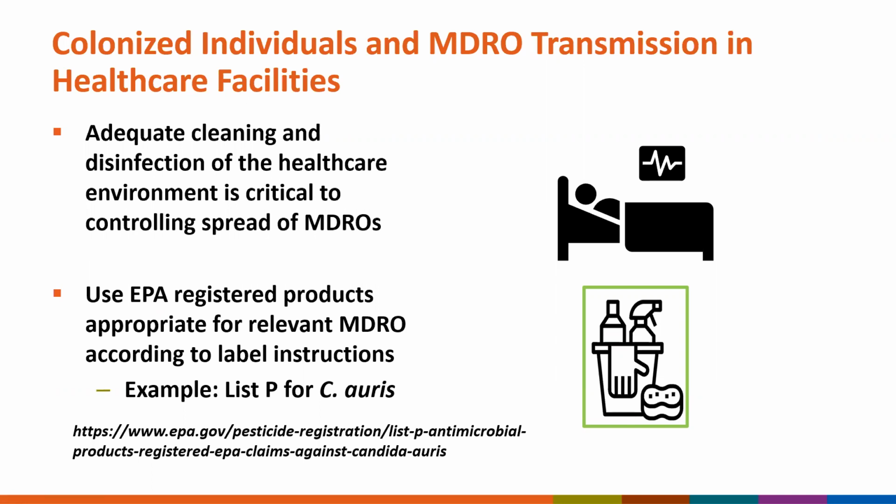So a lot has happened in the last couple of years with list P. Just a couple of years ago, there were no products on list P, leaving us in a spot with interim guidance for sporicidal products. But at this point, there's over 25 products known to be effective and approved by the EPA for C. auris. So you can reference that list for Candida auris.